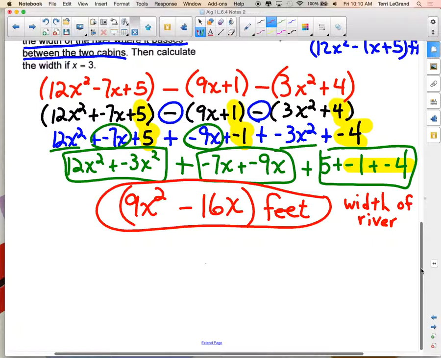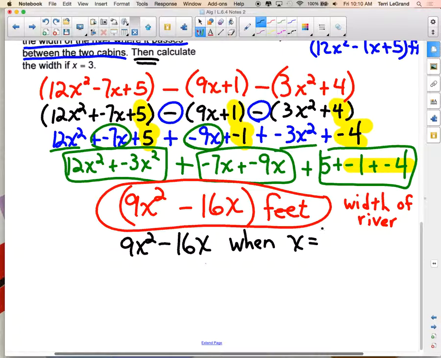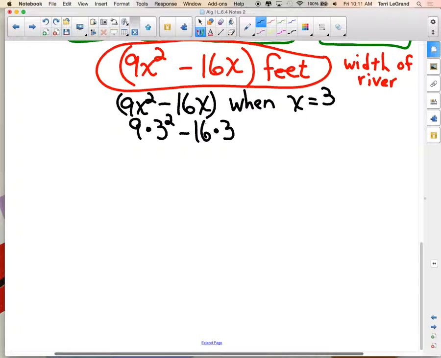Okay, and then it says, then calculate if the width is 3. Well, that's going to be pretty easy, isn't it? 9x squared minus 16x when x equals 3. So 9 times 3 squared minus 16 times 3. 9 times 3 first and then square that?